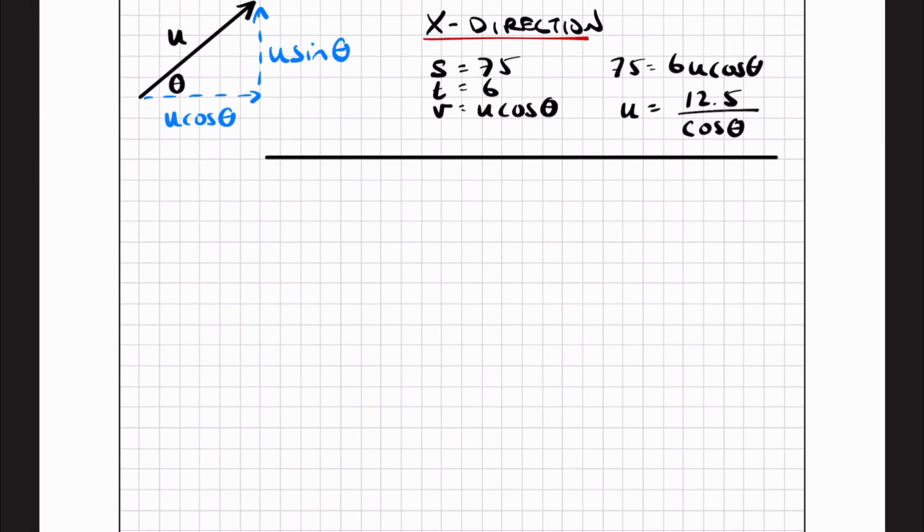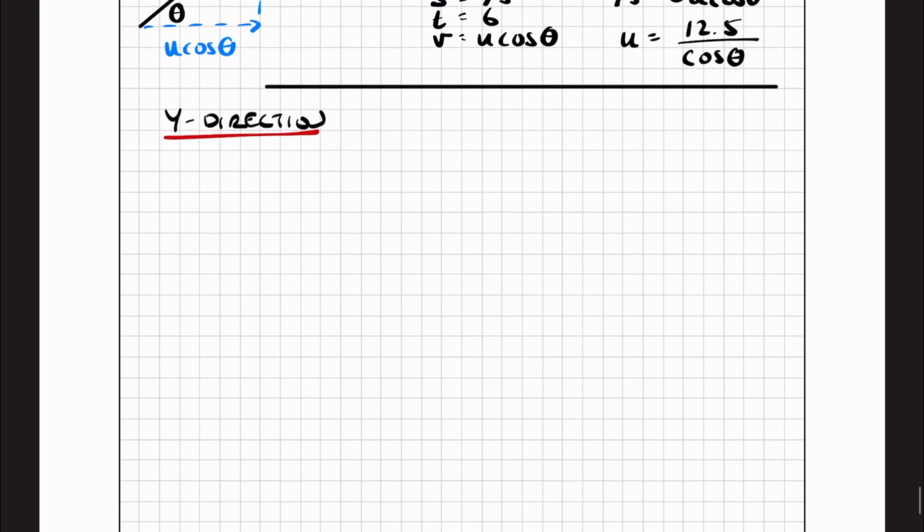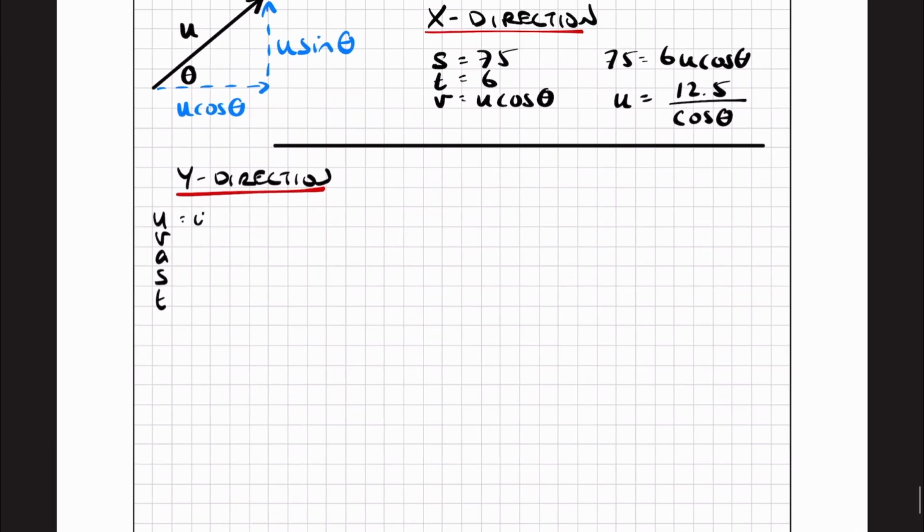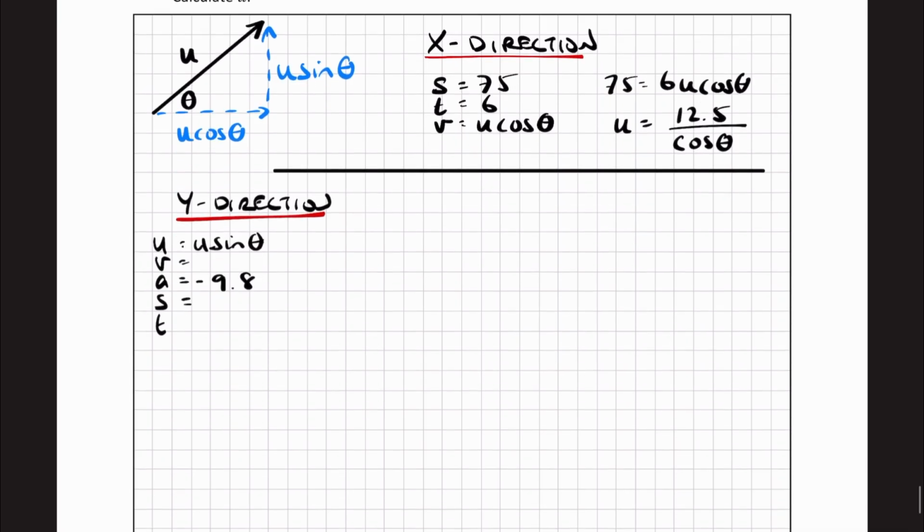So in my y direction, I'm going to say here, my UVAST, U-V-A-S-T. So my initial velocity in the y direction is u sine theta. My final velocity I don't know because it hasn't told me it's the max height. I do know the acceleration is minus 9.8 and the distance was 30 meters in a time of 6 seconds.